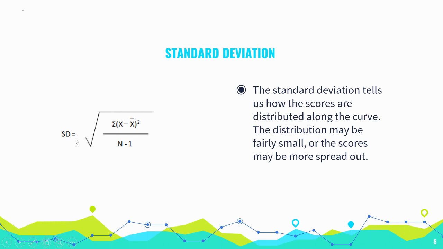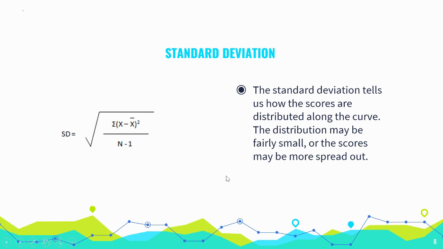The standard deviation equals the square root, which is what this sign means, of the sum, here we've got sigma again, the sum of x, and you know what x is now, it's the score, minus x bar, and you know what x bar is, it's the mean, squared, divided by n, and you know what n is now, it's the number of observations, minus 1.